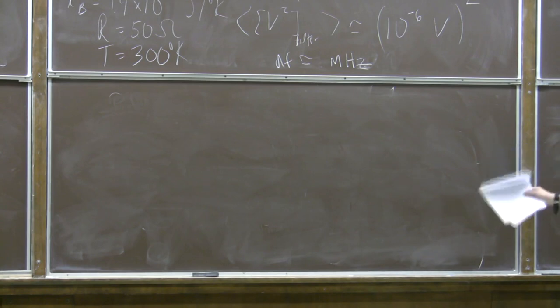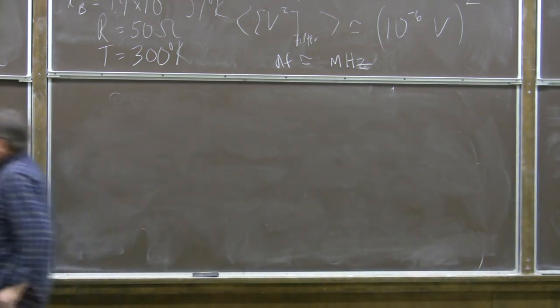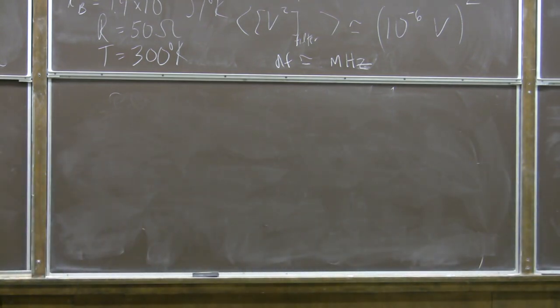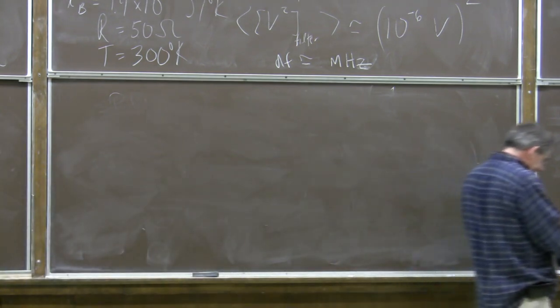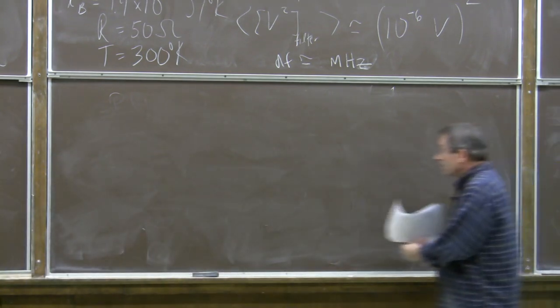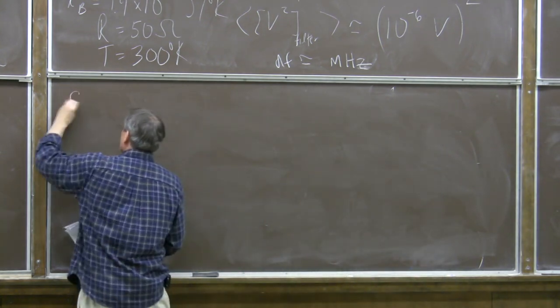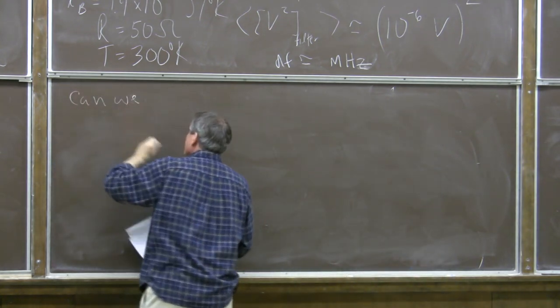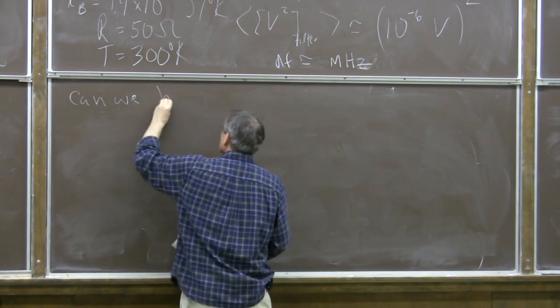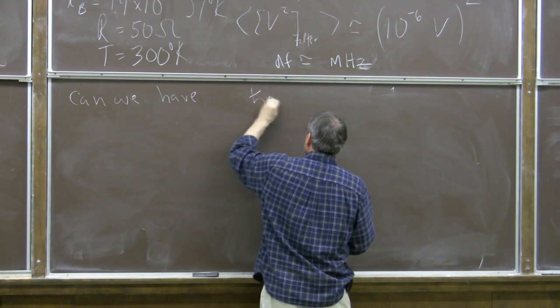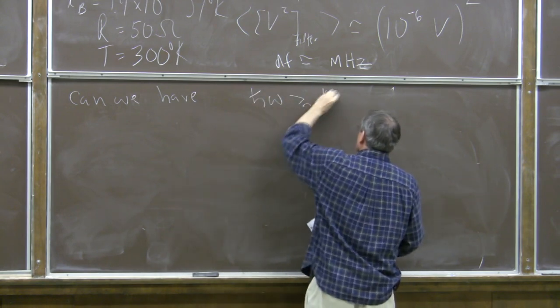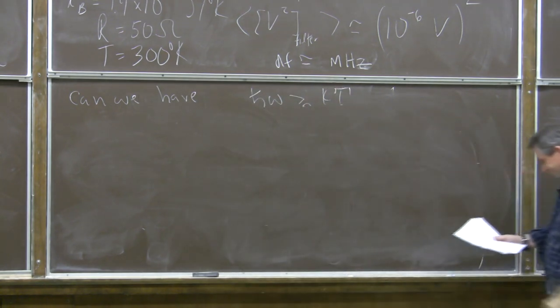Now, we made this approximation that we considered the temperature to be large. And in most cases of interest, that's a good approximation. But if you consider sufficiently low temperatures in high-frequency circuits, that approximation might break down.